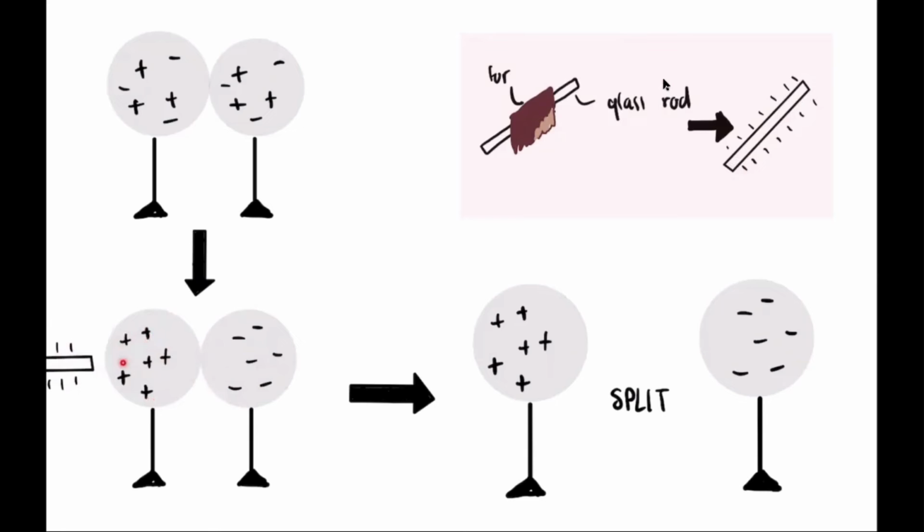Here, the protons are going to be on this side, since the glass rod is negative, and the electrons will be on the right side. Now, if you split these two spheres after doing this, you're going to see that the first sphere is now positively charged, and the second sphere is now negatively charged.